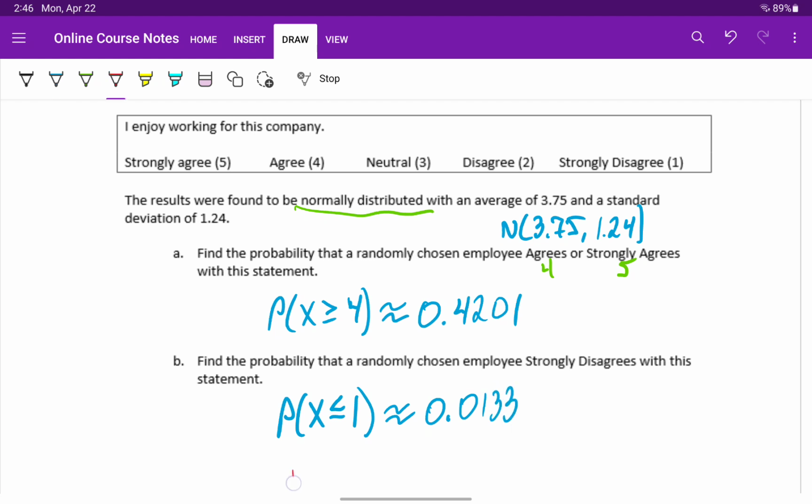As a quick note here, notice that we didn't set up the statement probability that x equals 1. For the normal distribution, we always have to have inequality statements. So even though there's no answer smaller than 1, we still set up that probability statement as x less than or equal to 1.